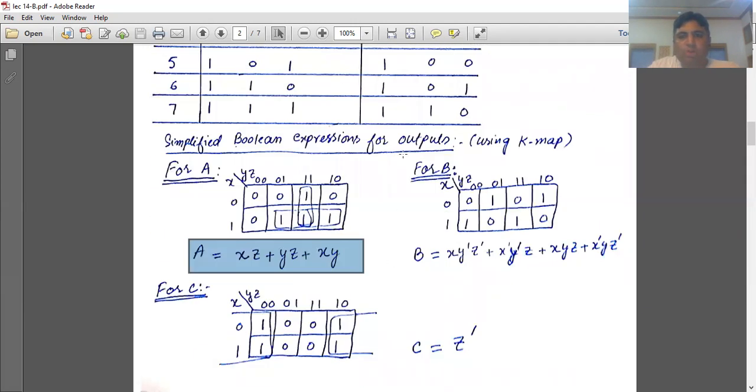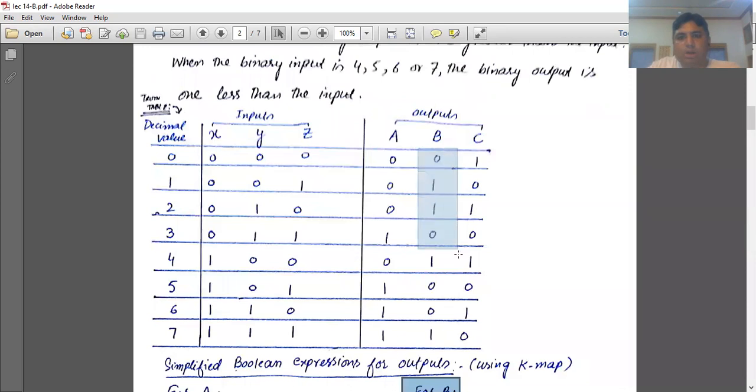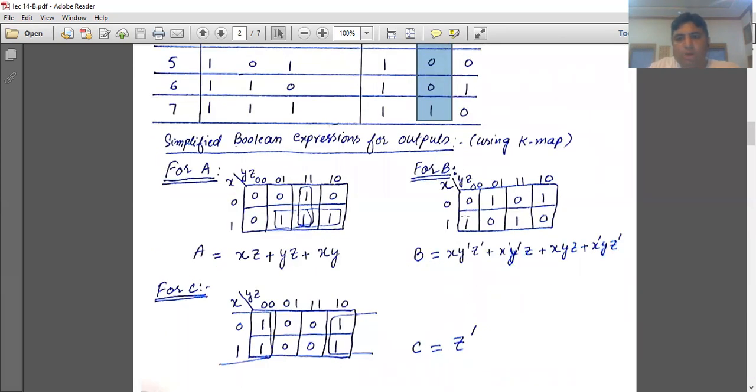Next, you will make a K-map for output B, and write all the ones in this column. There are 4 ones. If you write all the ones in column B, you will see that there is no group of common adjacent ones. So we will write all the ones as they are.